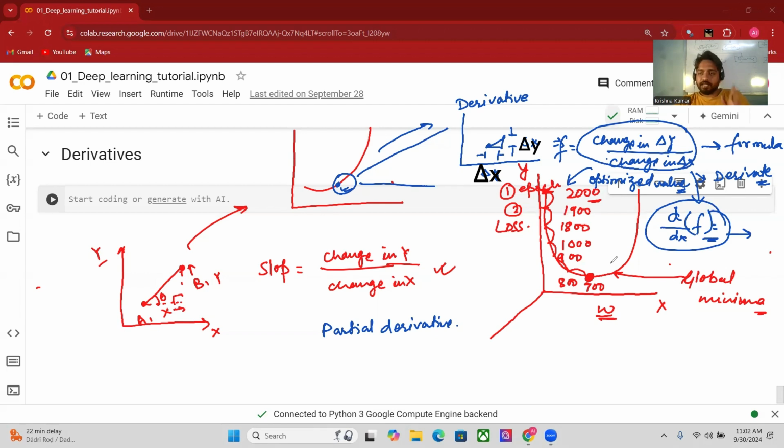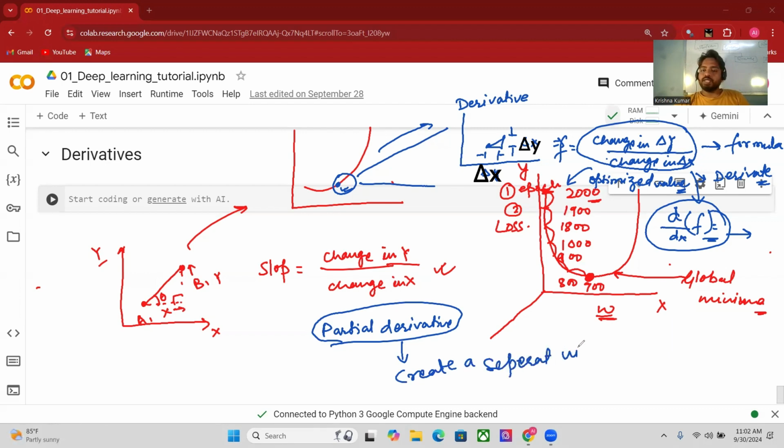Guys, I'm thinking I have to create a separate video for partial derivative. It would be great if I create a separate video. So I will create a separate video for partial derivative.